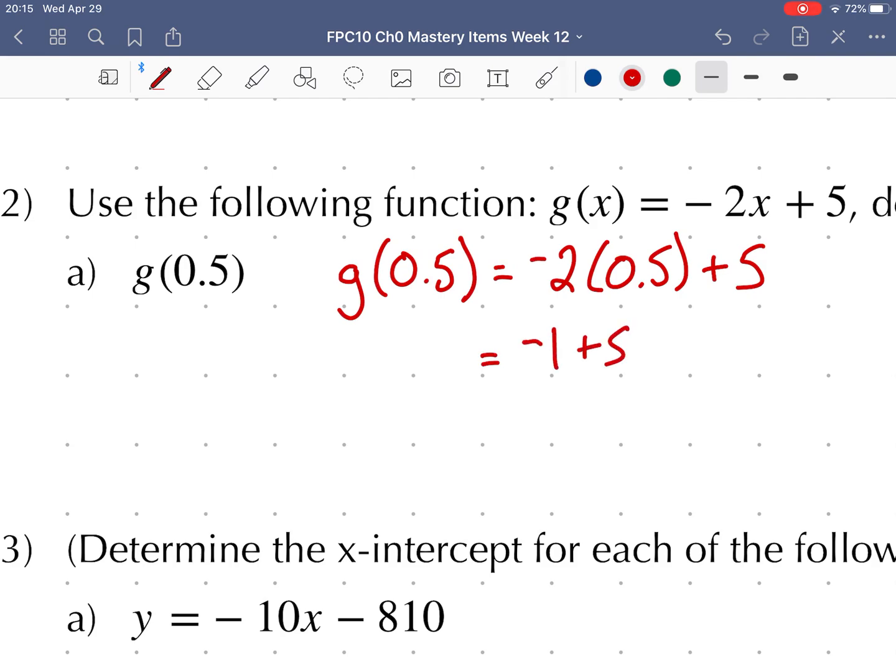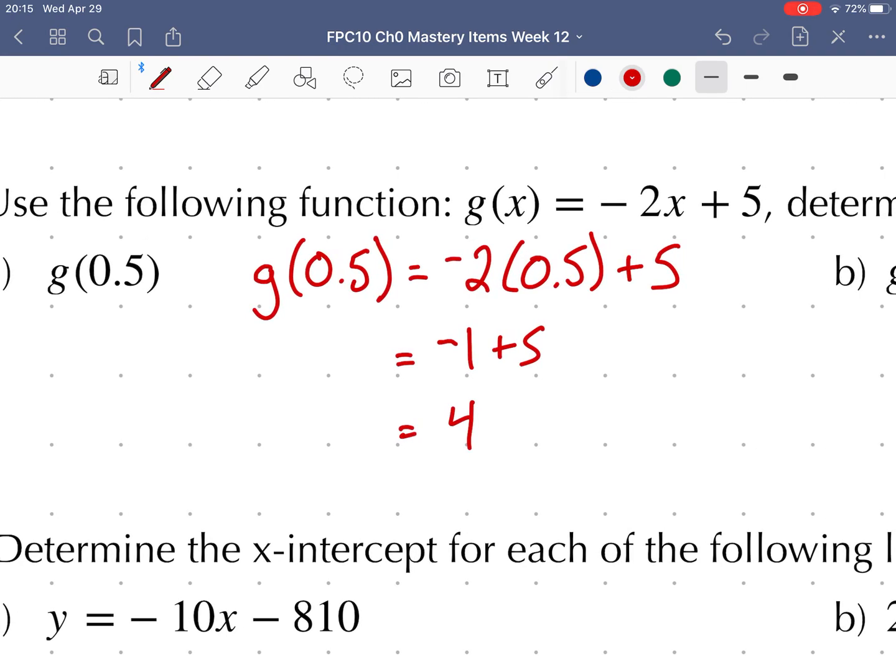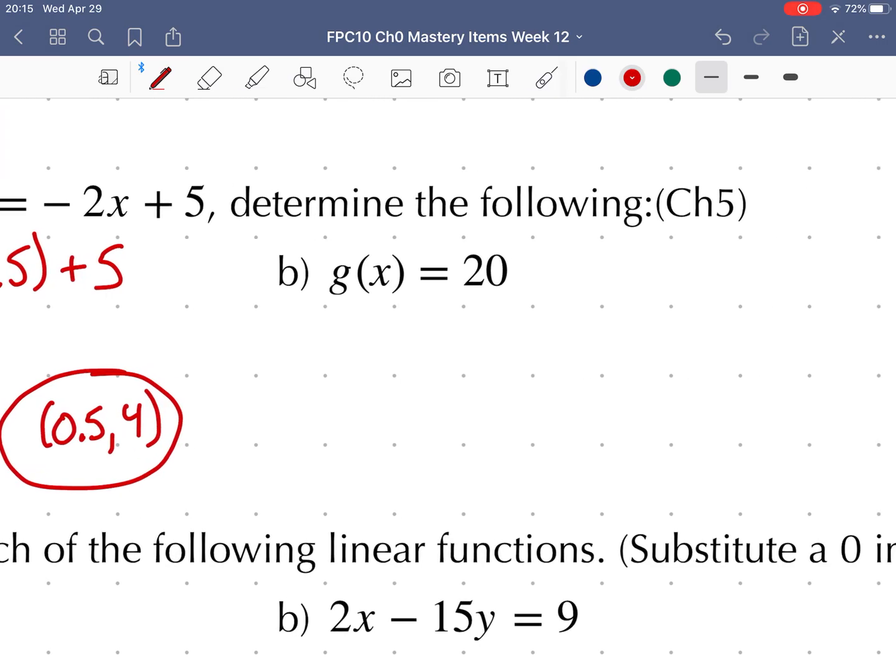So negative 2 times 0.5 is negative 1, plus 5 is equal to 4. So this would mean that on a graph, we would have our point at 0.5 on the x and 4 on the y-axis. This would be a point on the graph right here.